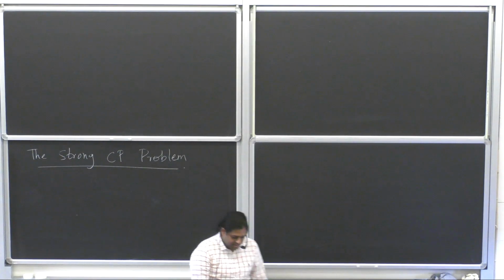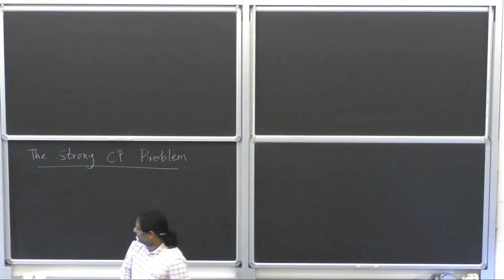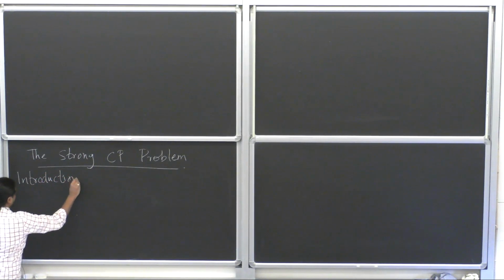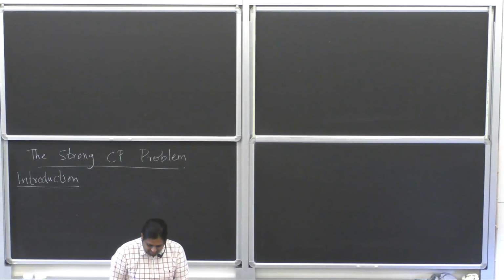Before starting with the details, just a bit of introduction to the topic, to calibrate all of us on the same page. So what is the strong CP problem?